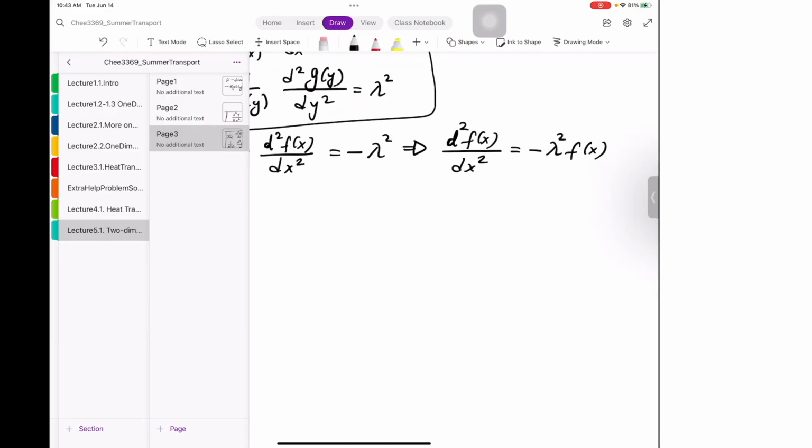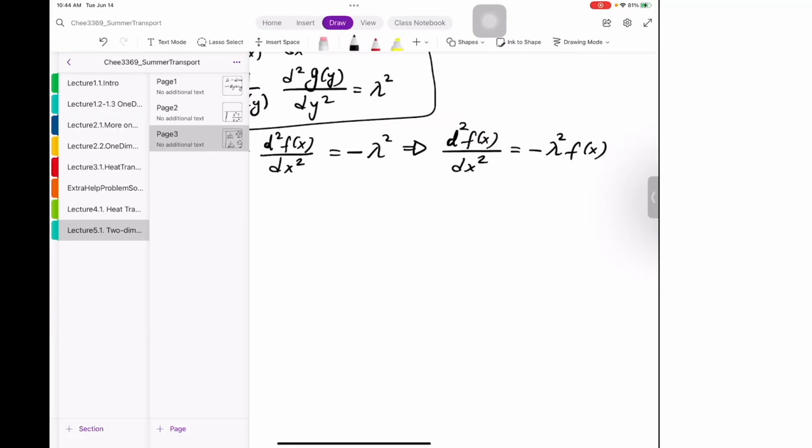Now, what is the solution to this differential equation? You're taking the derivative of a function twice, and you get a negative multiple of the same function. Generally, when you take the double derivative and you find some constant times the function itself, it's either the exponential function or the sine or cosine functions.